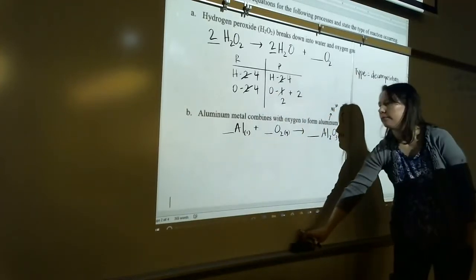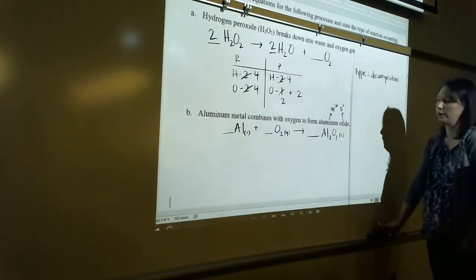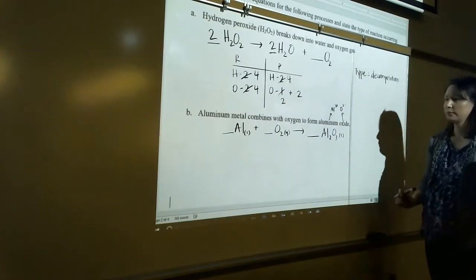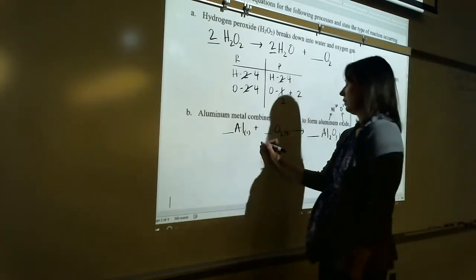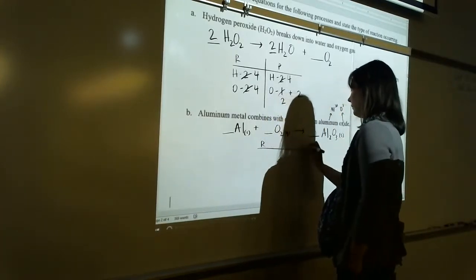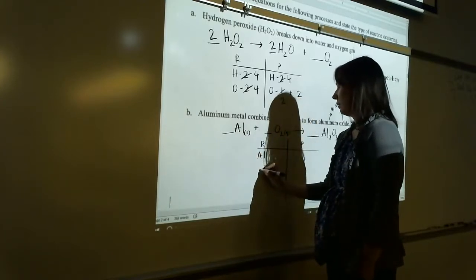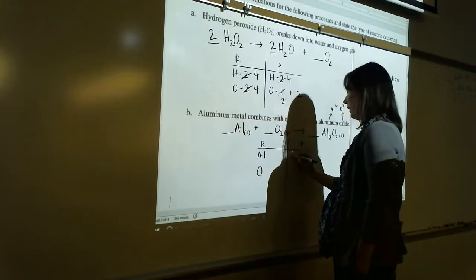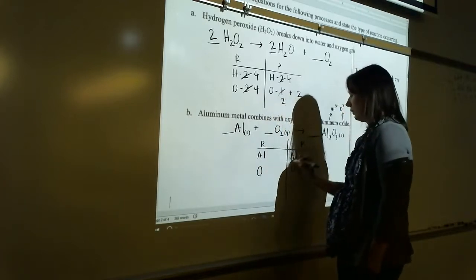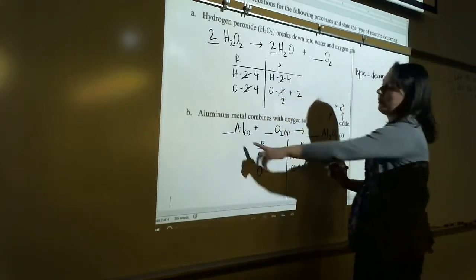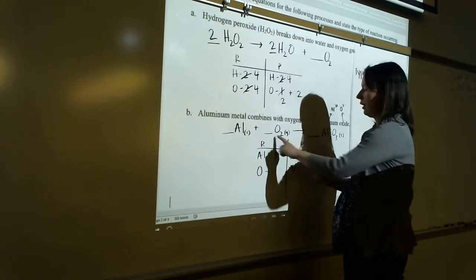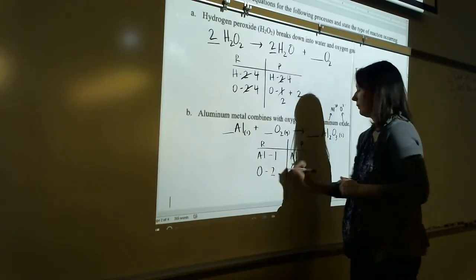Okay. So we're going to make a reactant product table for this one. Al, O, Al, O. Aluminum, I'm beginning with 1. Oxygen, I'm beginning with 2.